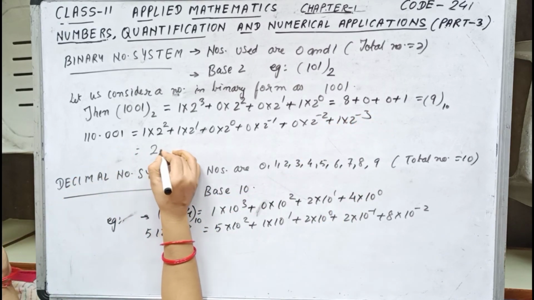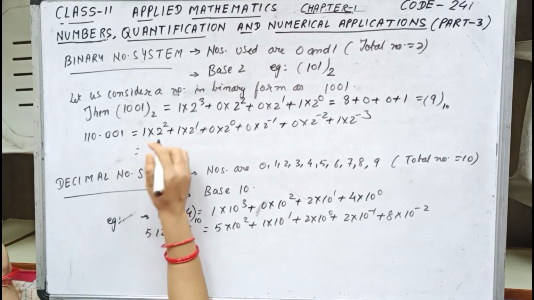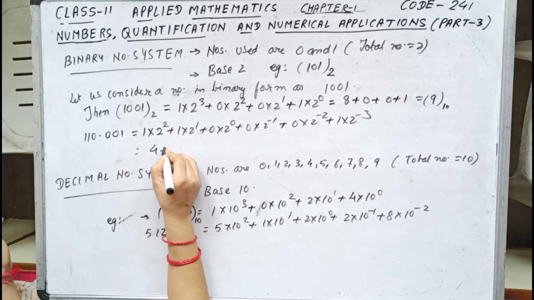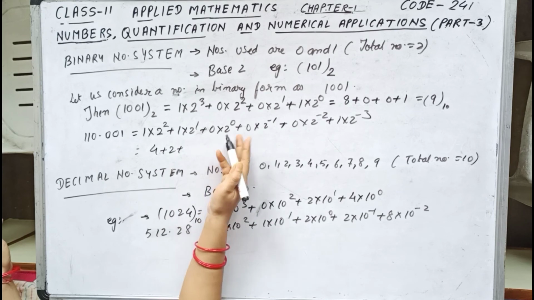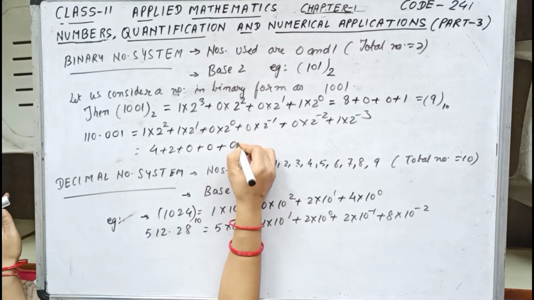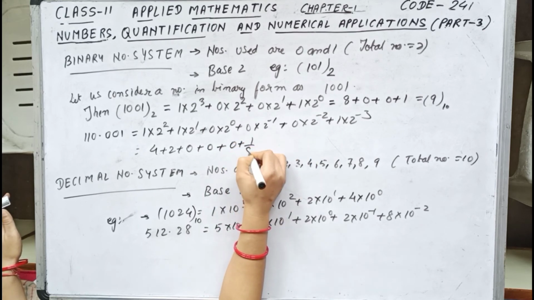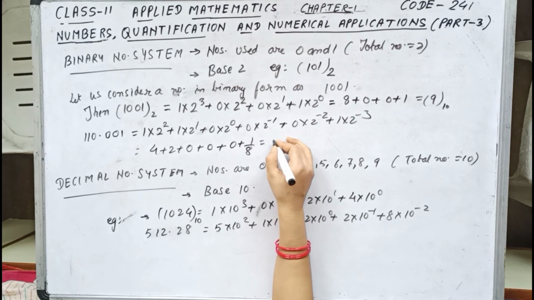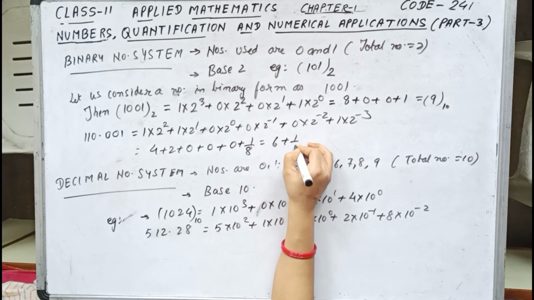Now this I can write as 2 square is 4 plus 2 plus 0 plus 0 plus 0, and this last one will be 1 by 8. So this will be 6 plus 1 by 8.